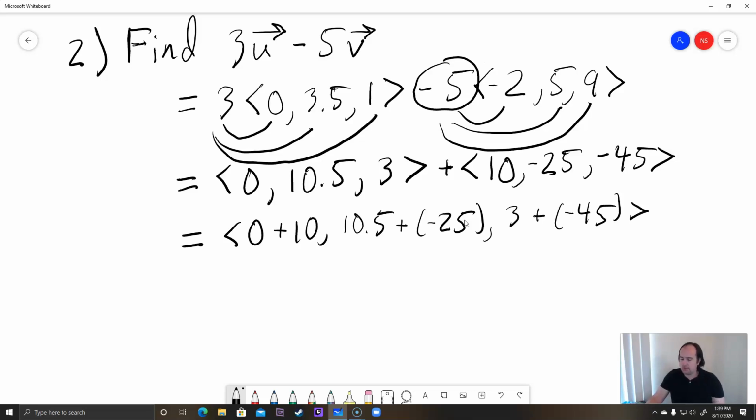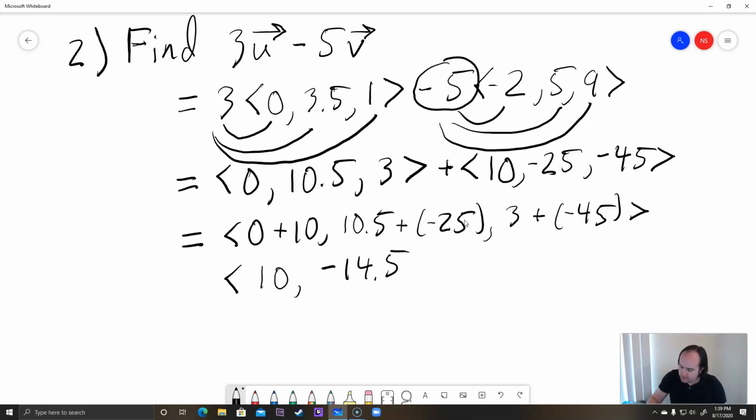Okay? And you might be able to do those. You don't have to write them out like this, obviously. So you can do them on a calculator or in your head. They're not that bad. So we got 0 plus 10 is 10. And then 10.5 minus 25, what is that? That's going to give us negative 14.5, right?